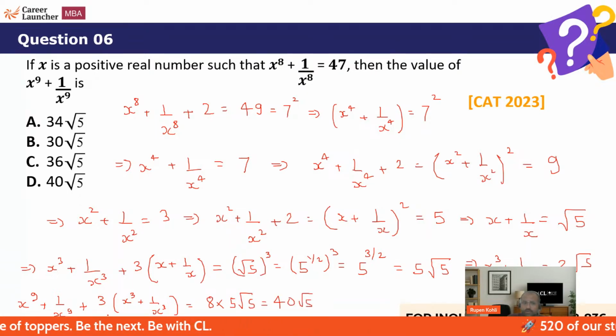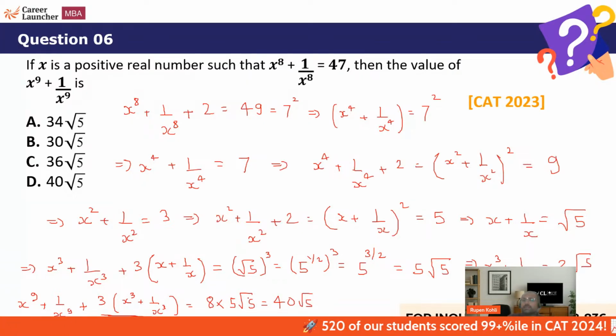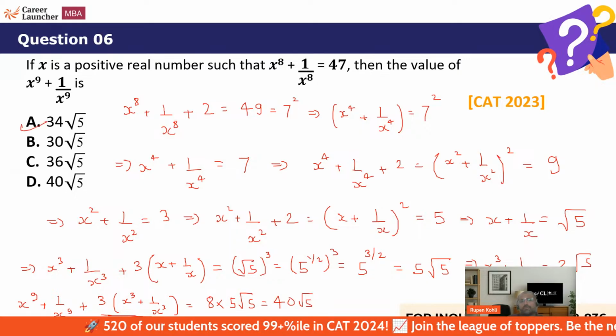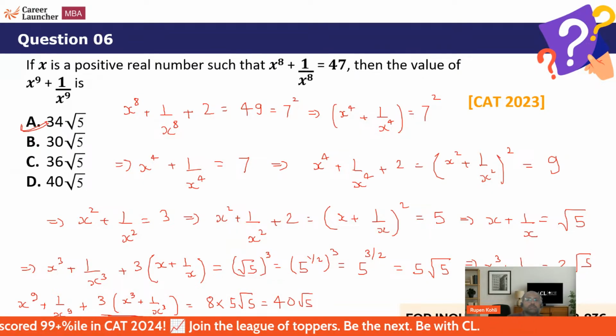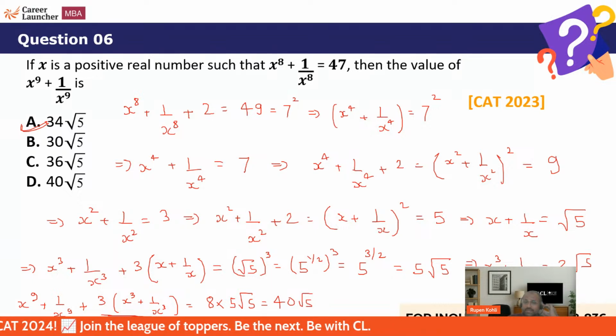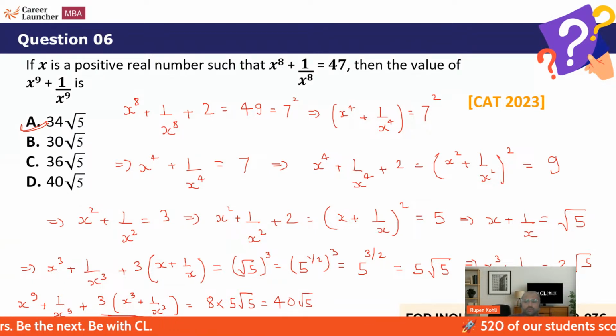And this term on the LHS is 3 into 2 root 5, 6 root 5. So our answer is 40 root 5 minus 6 root 5, which is 34 root 5. Right? So this came, as you can see, and required a similar approach.